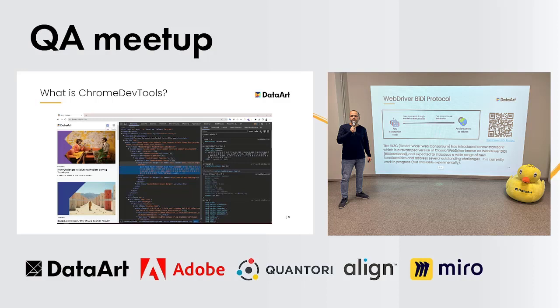So this is a part of Chrome that was created by Google first, and then a lot of developers from other companies and the open source community try to add something to it. My favorite part is the Recorder.